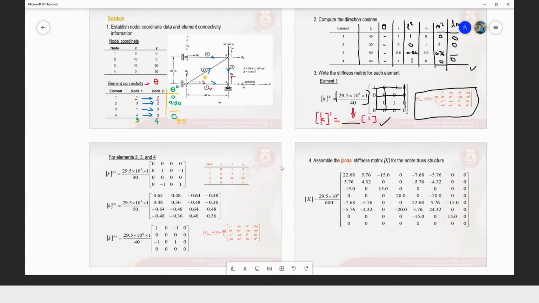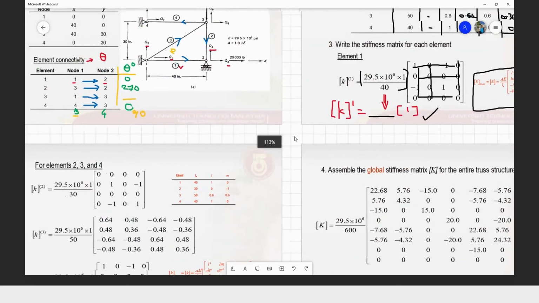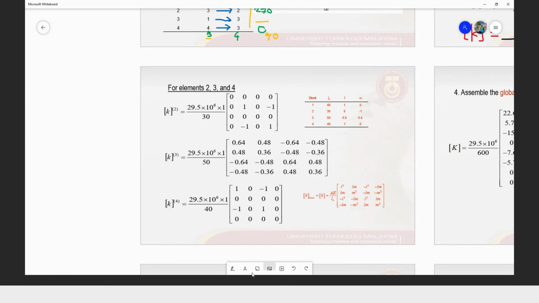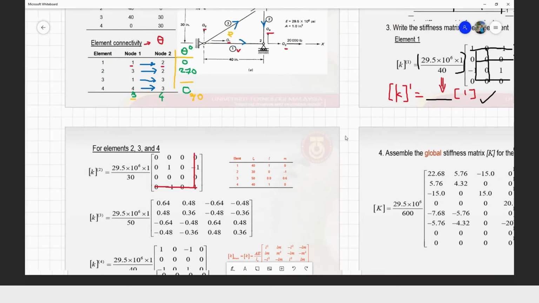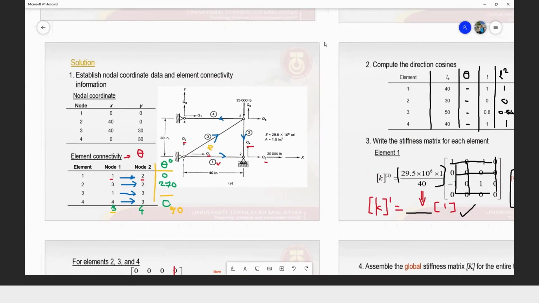So untuk your K2, we don't need this information. Kalau kamu tulis yang 3x3 pun dah kita terima untuk tujuan test lah kan. And then you have to repeat this for the other elements as well.